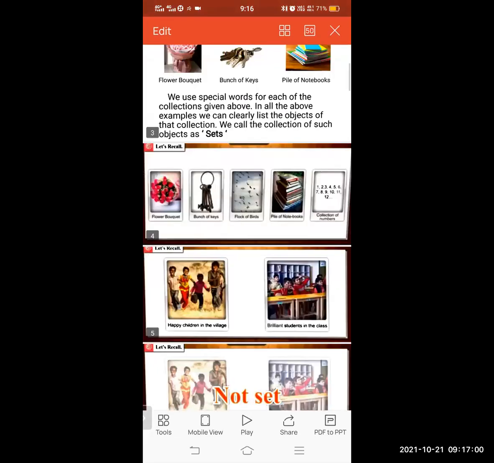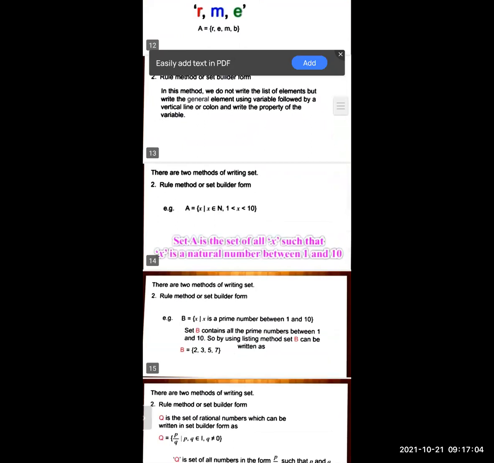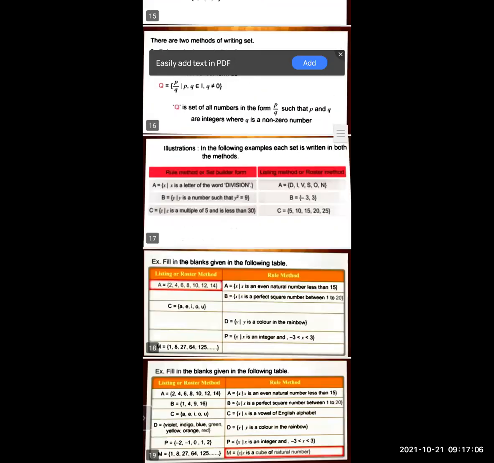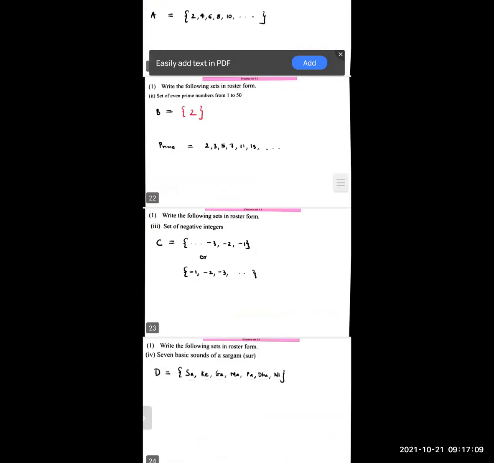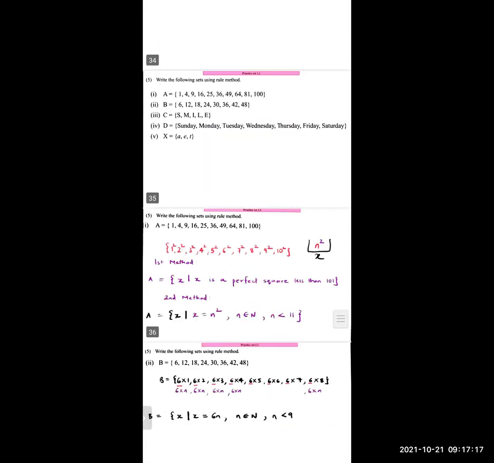There are two sets regarding number of elements: singleton set and empty set. And regarding countability, finite and infinite sets are there. We'll see those definitions.